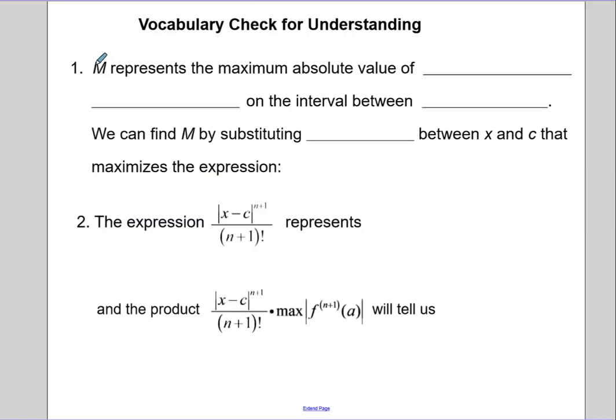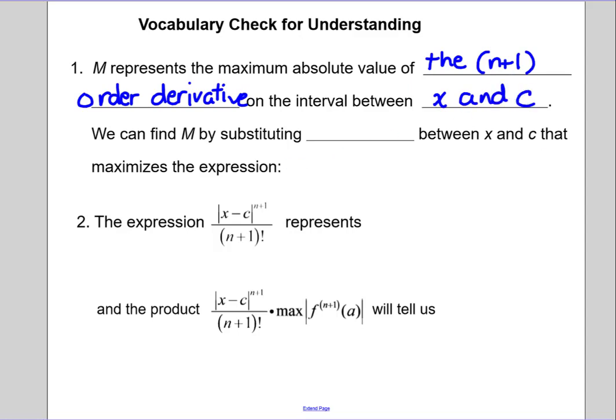So we just found the capital M represents the maximum absolute value of the n plus 1 order derivative on the interval between x and c, or c and x, and we can find the maximum by substituting a value that's between x and c that maximizes the expression, the absolute value of f to the n plus 1 derivative at a.